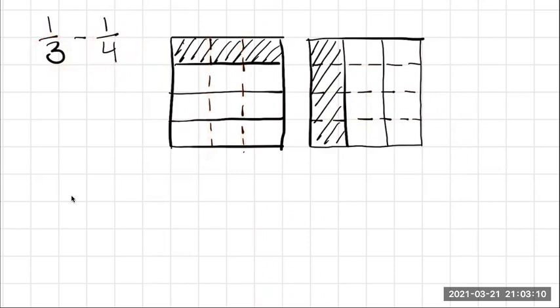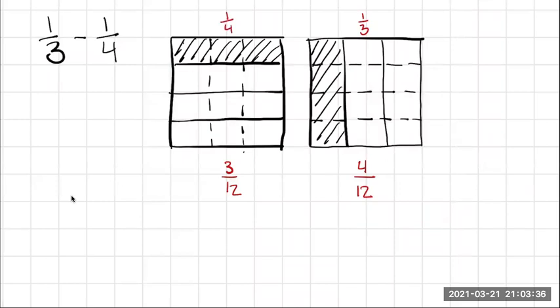Okay, so we have 3/12 in this fraction and 4/12 in this fraction. And I actually drew them opposite, because this is 1/3 and this is 1/4. We have to take the smaller fraction from the larger fraction.